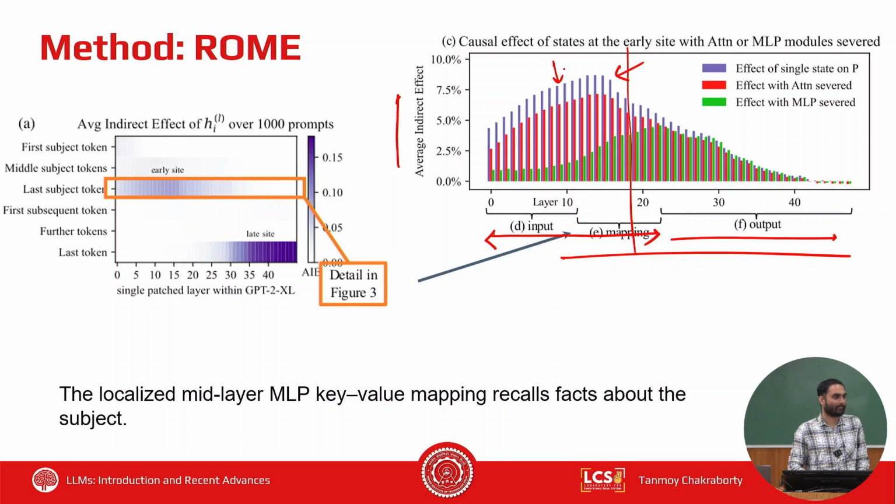Look at the purple part only. To understand which component impacts the most, I first remove the attention part, which is these red bars, and you see the red bars pattern and the purple bars pattern are the same at the initial layer, meaning that at the initial layer attention is not playing any role.